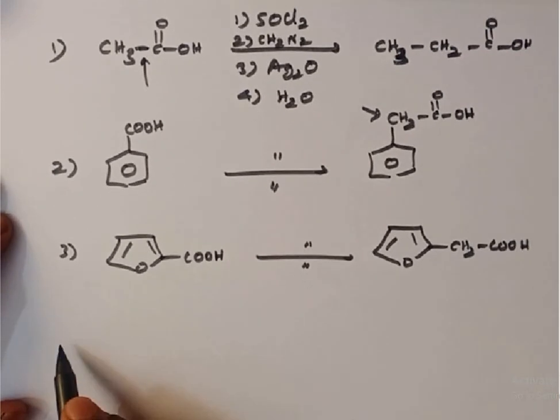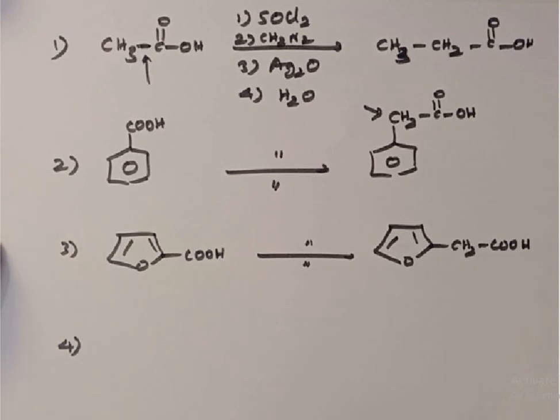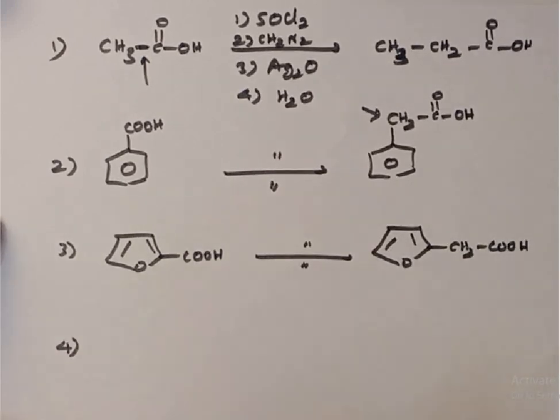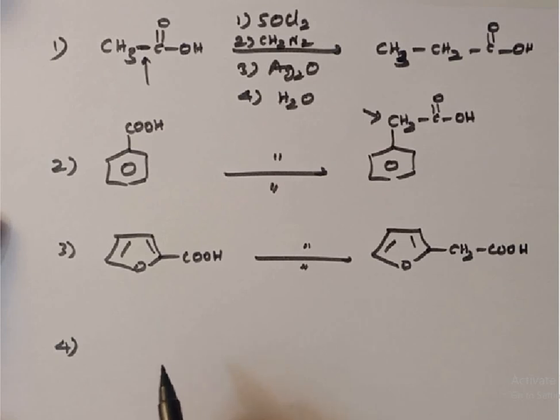Now here I would like to give one more piece of information. This is very, very important actually. Suppose we take a compound in which the R group has some stereochemistry. Say, for example, I'll take this compound.